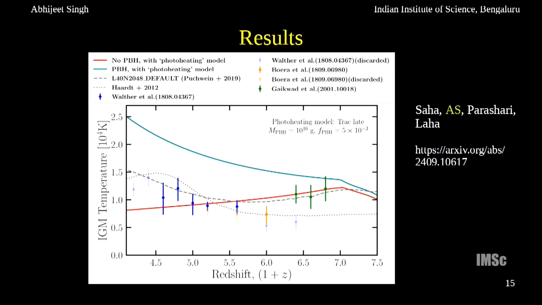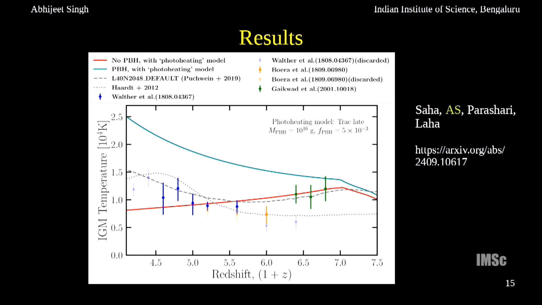Now, what is this red curve? This red curve is the temperature of the intergalactic medium that's predicted by some reionization model. We don't completely understand the processes of reionization, and there is wide uncertainty in how it actually proceeds, but this curve shows that there can be a reionization process which completely explains all these temperature data points.